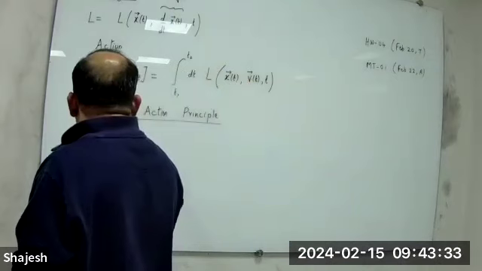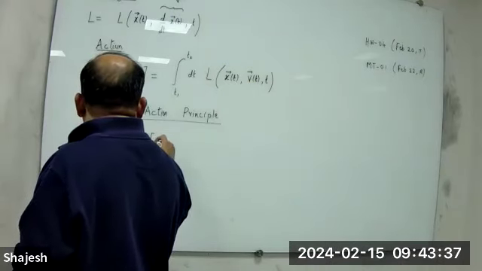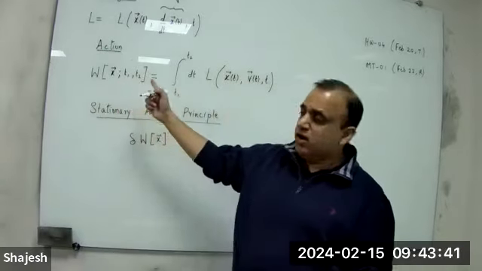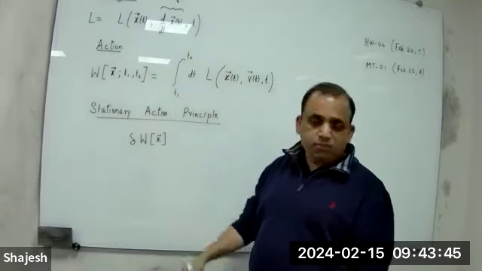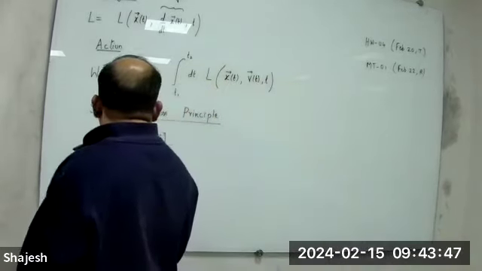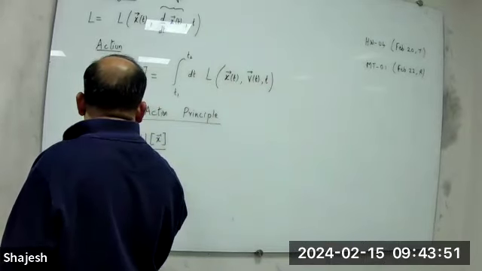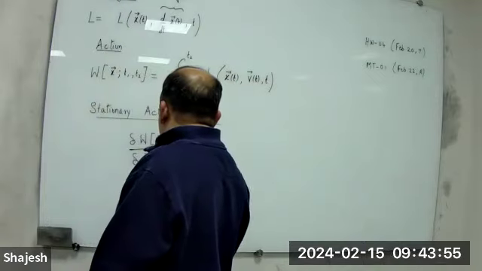And the statement is that the action, suppressing T1 and T2, I can write T1 and T2, but I'm suppressing that just for simplicity, and with respect to X, since I've used T, so this is T prime.